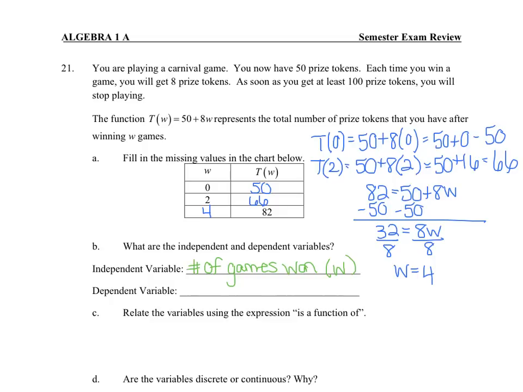Our dependent variable is what depends on the number of winning games, and that would be t of w, which is the total number of prize tokens. So our dependent variable is number of prize tokens, which is t of w.